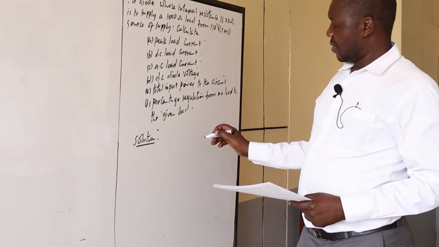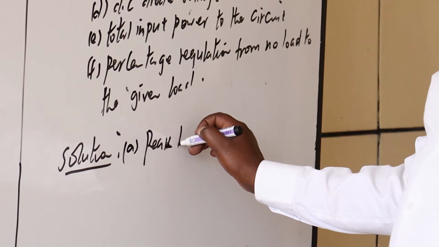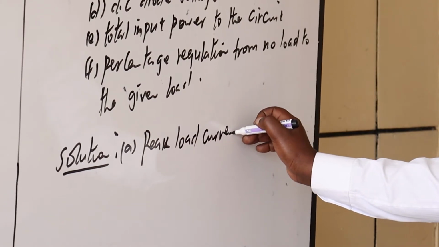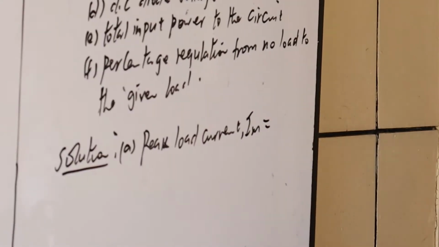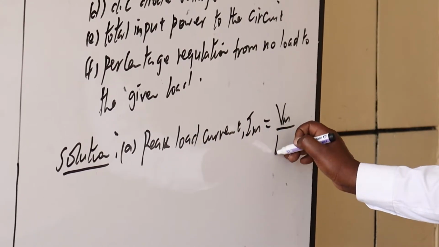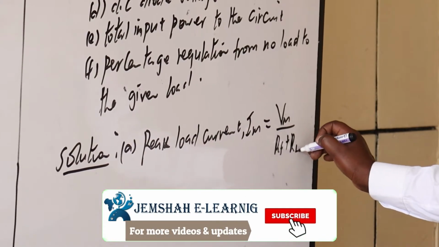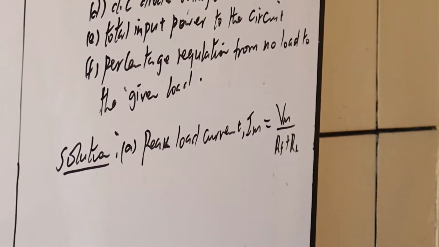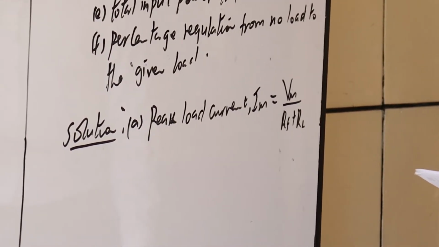So part A, peak load current, that is our IM, will be Vm divided by Rf plus RL. We were given Rf, the internal resistance of the diode, and the resistance of the load.